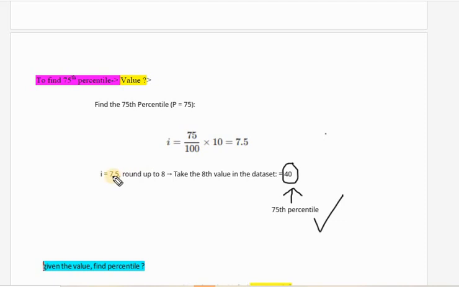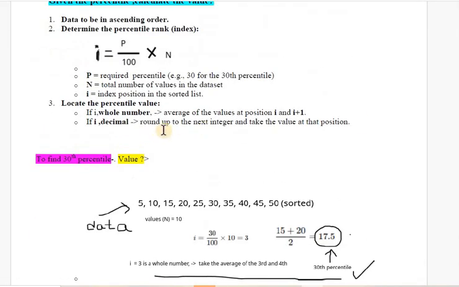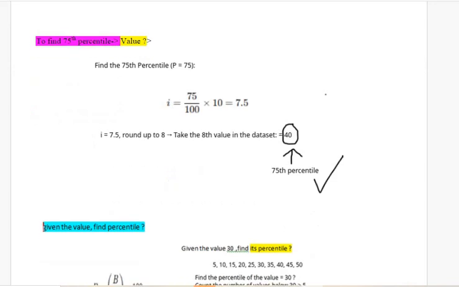If the I value is 7.5, we have to round up to the next integer, as we have already seen in the rules written above. If I is a decimal, round up to the next integer and take the value at that position. Since the I value is 7.5, at the 8th value we have calculated that the 75th percentile would be 40.